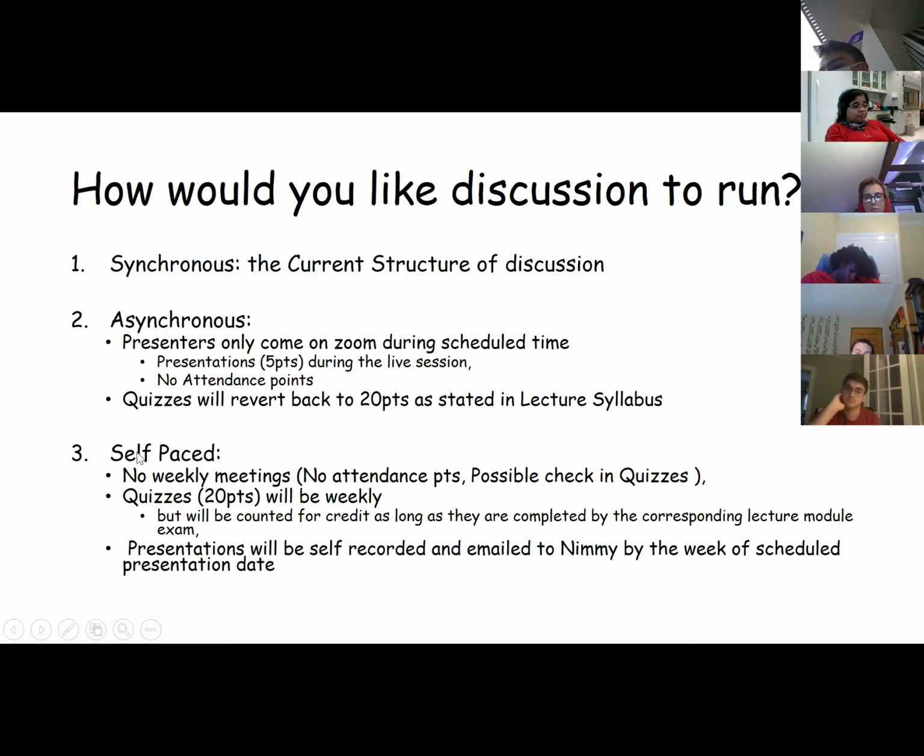Then there's the self-paced option where we don't meet weekly, so we cannot do attendance points. Quizzes will be weekly, but you can do them until the time the lecture module exam comes in.